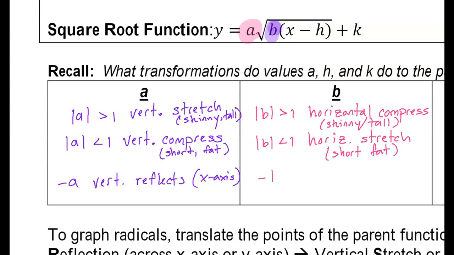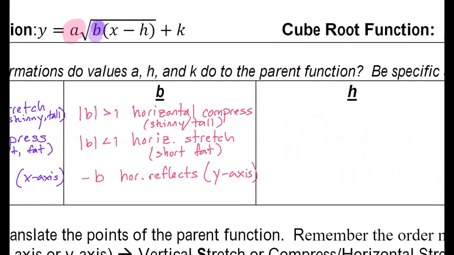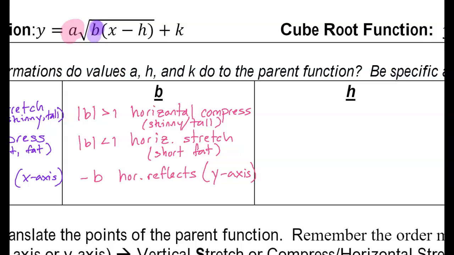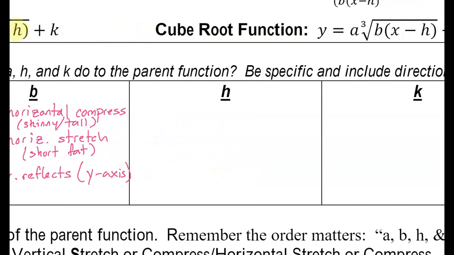And then if b is negative, what does that do? It horizontally reflects, yes, meaning we reflect over the y-axis. What about h? What does h do to our graph? Translates. It is a translation. Good. So both h and k are translations.